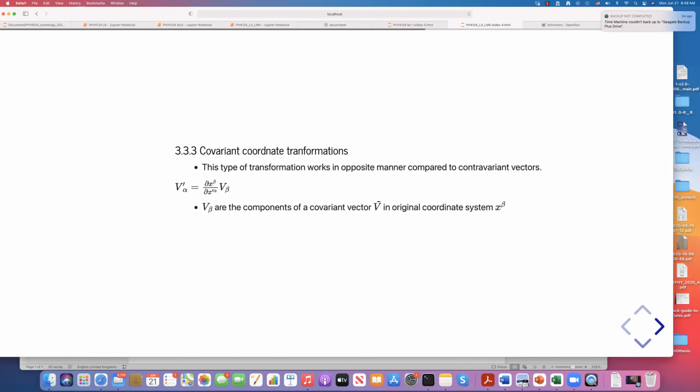V beta are the components of the covariant vector V in the original coordinate system x beta, and V dash alpha is the components of the same covariant vector in the new coordinate system, right?